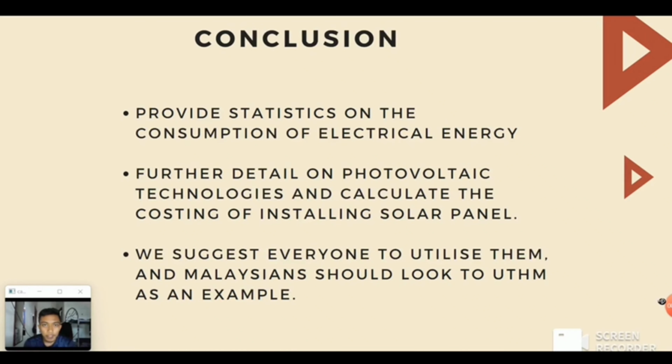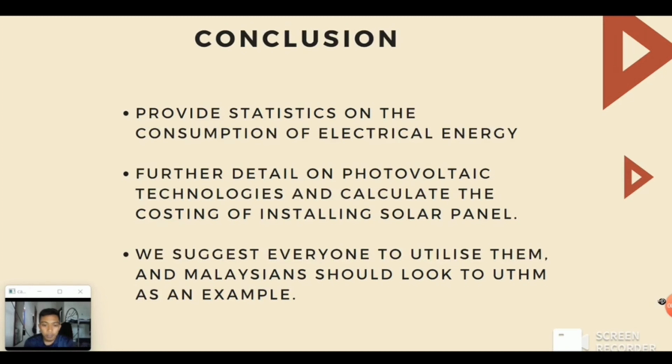So for the conclusion, in this case study, in order to provide statistics on the consumption of electrical energy, we started to get data from the rooftop area of all buildings inside UTHM. So we chose 4 buildings, which are FPTV, FKAAS, FSKTM, and FPTP.